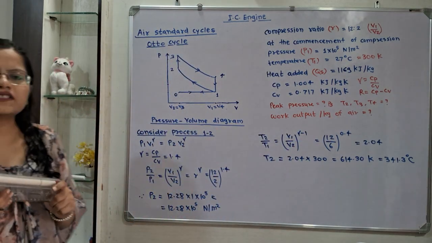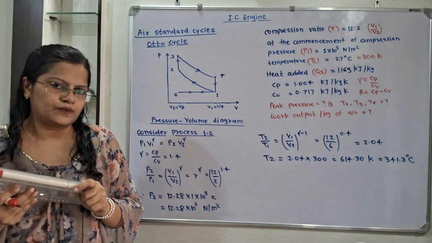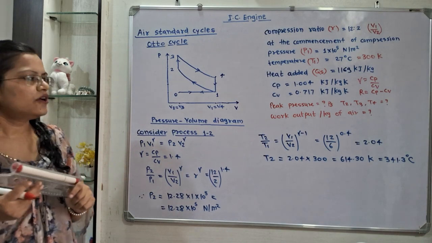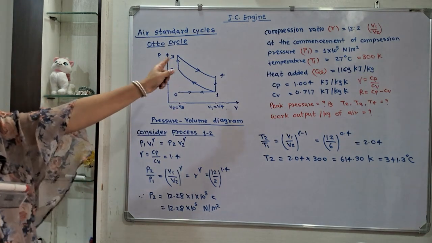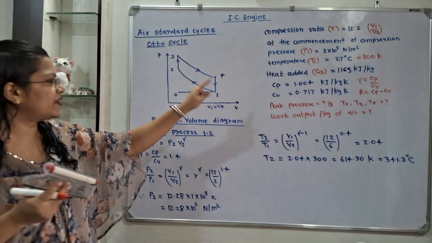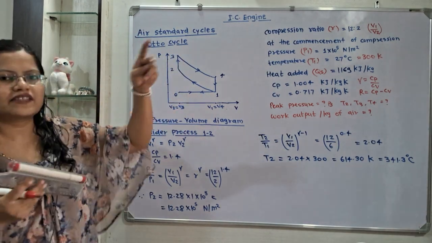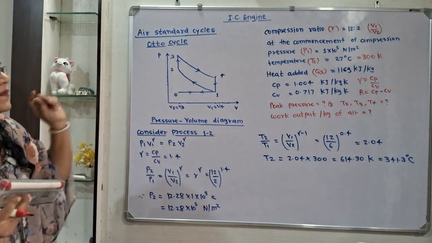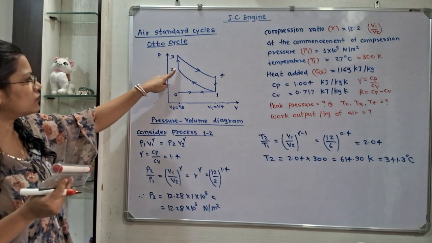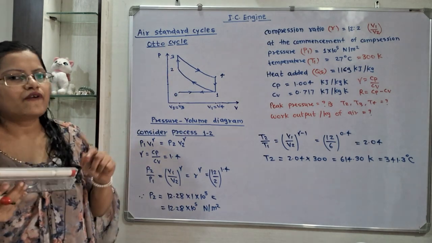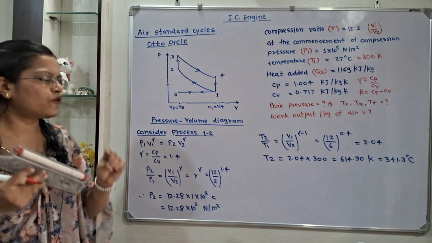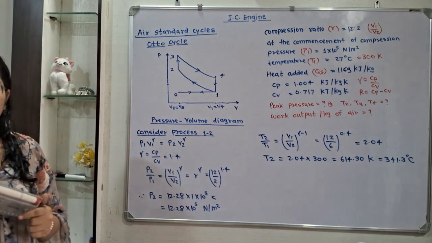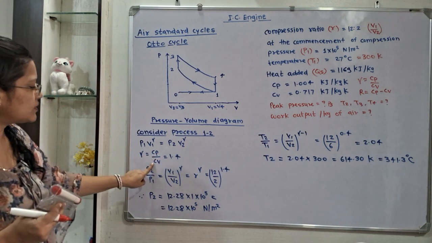Now we will first consider process 1 to 2, which is the isentropic compression process. If we observe, the compression ratio, that is the ratio of V1 by V2, is known, and pressure P1 is also known. So how to calculate P2? We have the relation between pressure and volume: P1 V1 raised to gamma is equal to P2 V2 raised to gamma, where gamma is equal to Cp by Cv.